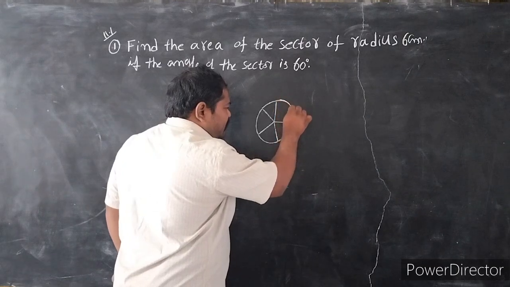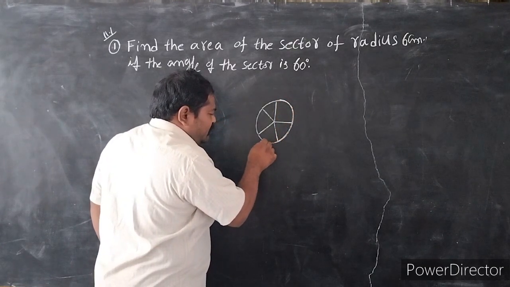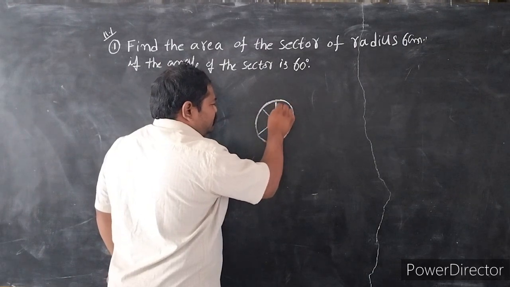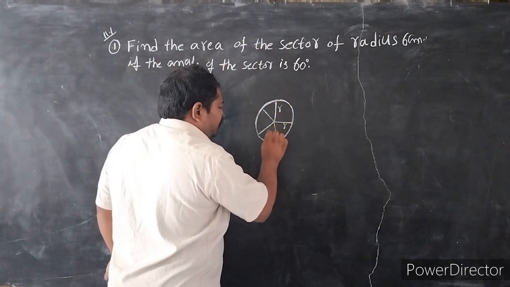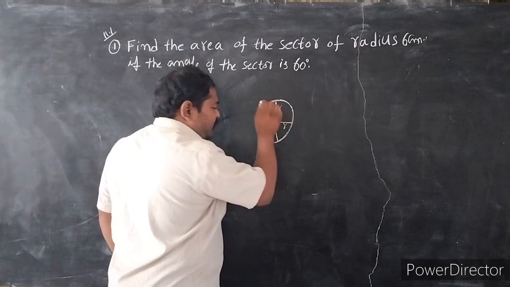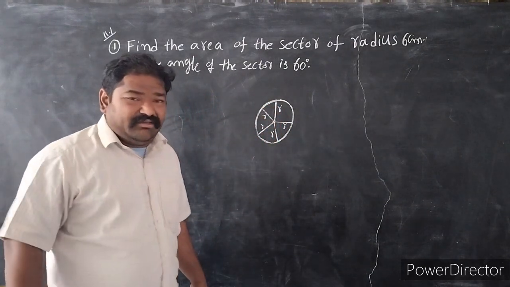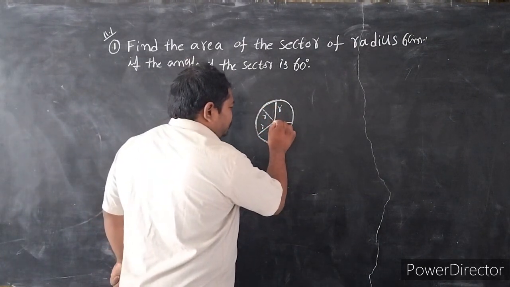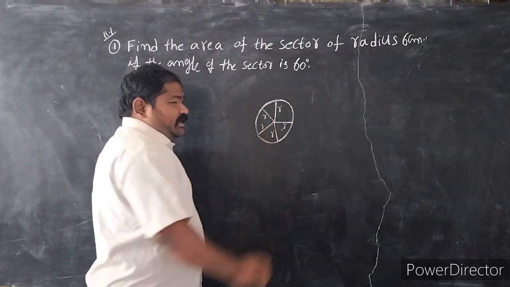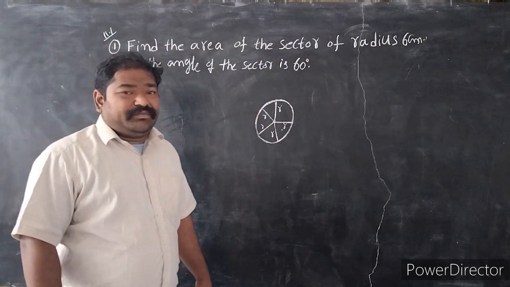That fixed point is called the center of the circle, and the distance between the center and the point is called the radius of the circle.